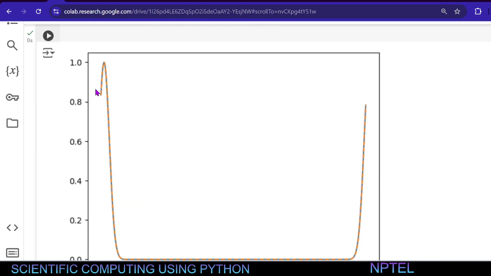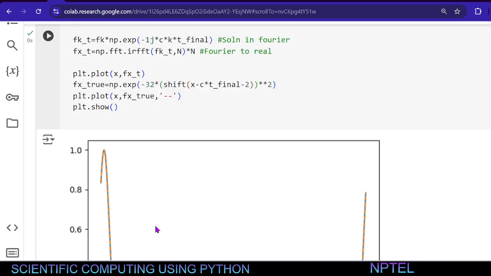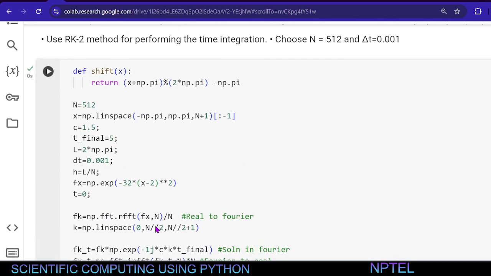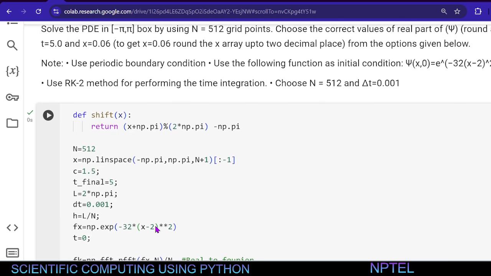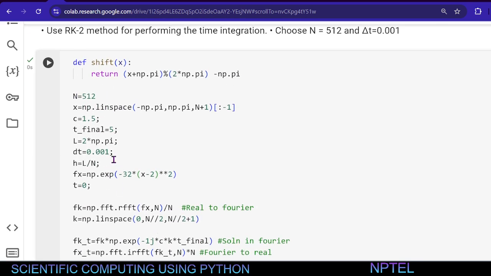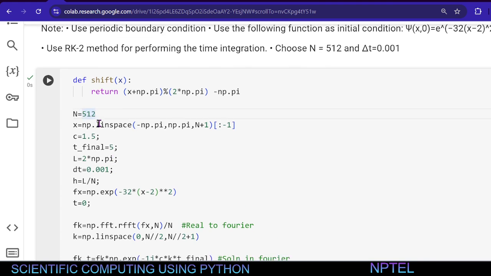Yeah, now you can see blue and orange, they are collapsing. So what's the message? Well, one is that we can solve it analytically because it's just a wave, right? Other is that whatever we have done is correct. Whatever parameters, the grid points that we have chosen, are sufficient to do it.